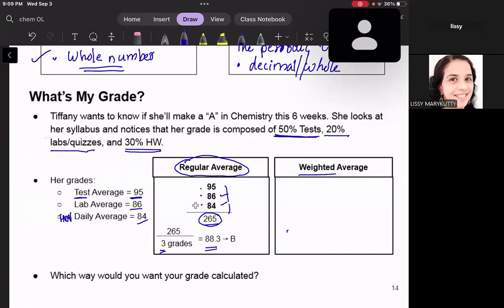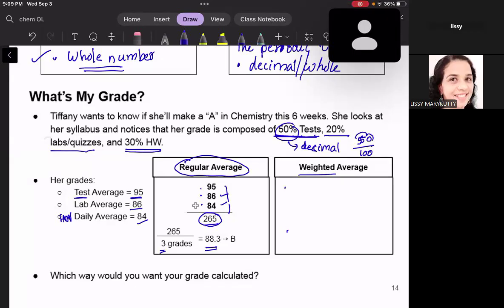It says 50% of the test. So you have to convert this 50% into a decimal. How will you convert a percentage into a decimal? If you don't know, just divide by 100, because percentage is something out of 100. So you can easily move the decimal place 2 places to the left.